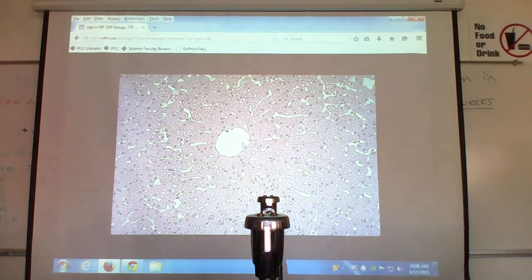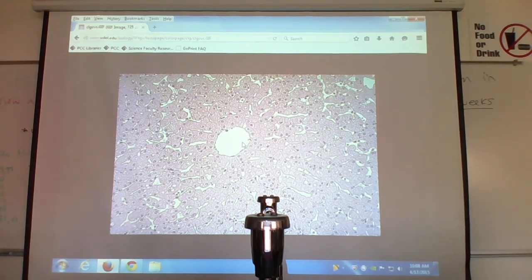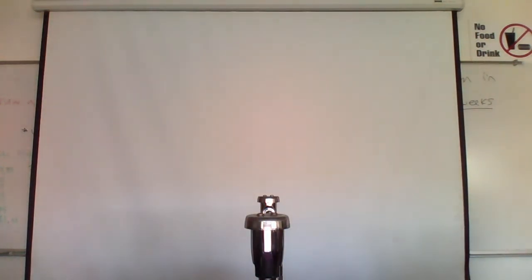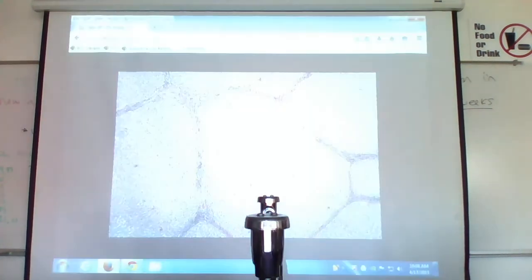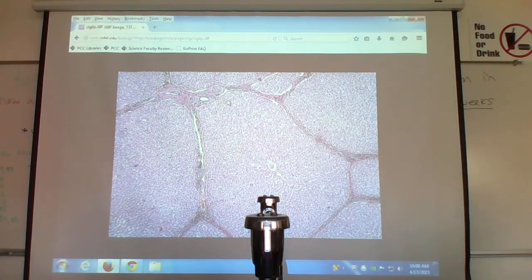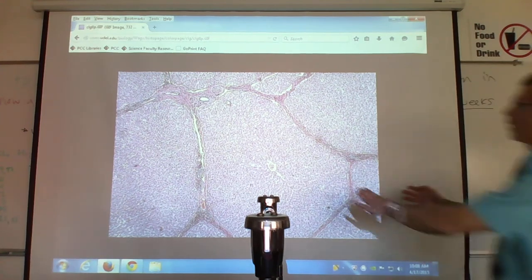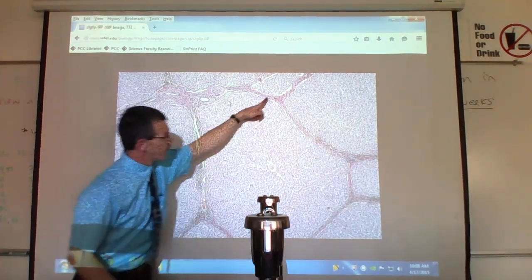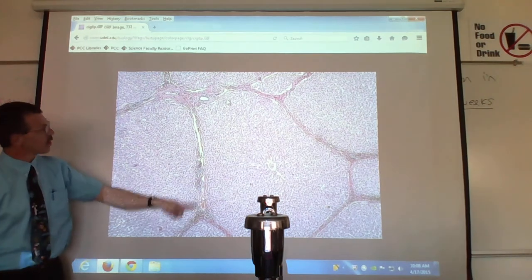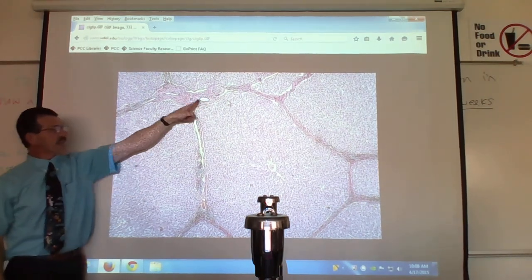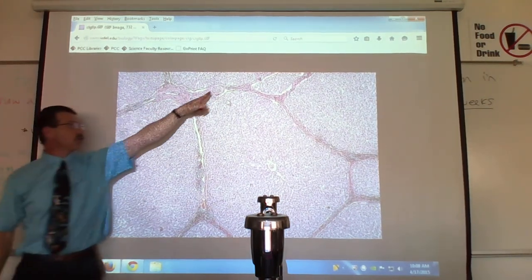Then when you get to the corners of the lobule, look carefully near the corner, and there are three things in that corner.